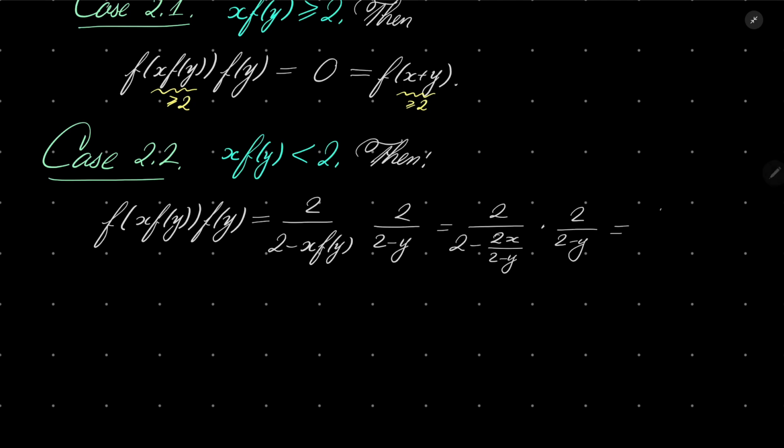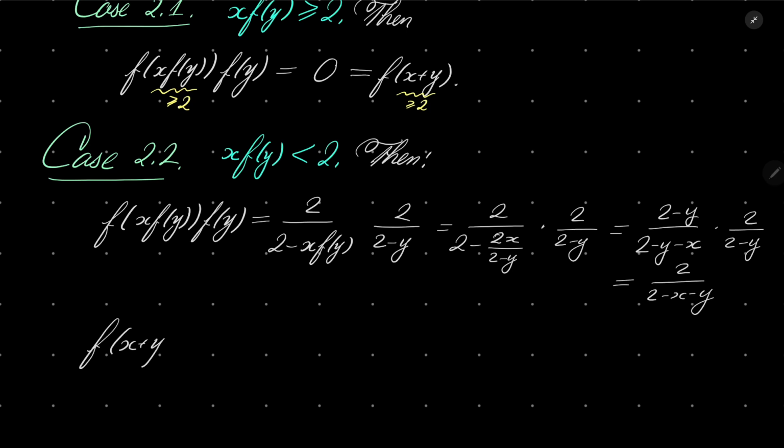It's 2 minus y over 2 minus y minus x times 2 over 2 minus y, which is 2 over 2 minus x minus y. And let's write the right hand side, f of x plus y. Well, it's exactly the same, as we know that our argument is less than 2.